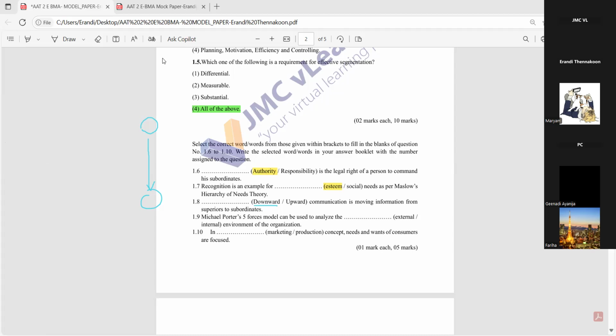Yes, Fariha, your answer is correct. So, I'll give you some small explanation about Michael Porter's five forces model before giving the answer, right? I think it's good, so you can refresh your memory, right? So in Michael Porter's five forces model, there are five components.